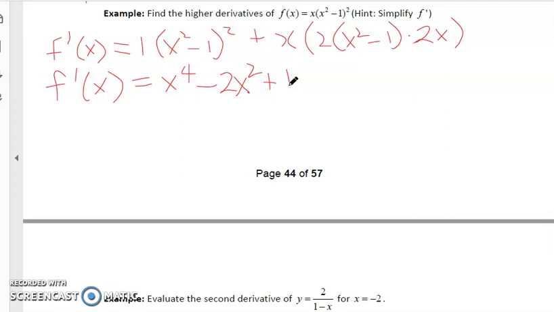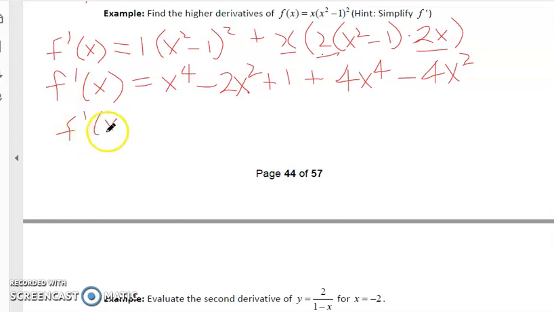And this second part, well, if you multiply the x by the 2 by the 2x, that's going to be 4x squared. So you multiply inside the brackets by 4x squared, and you're going to get 4x to the 4 minus 4x squared. Now, let's group together your like terms. Now remember, this is still the first derivative.